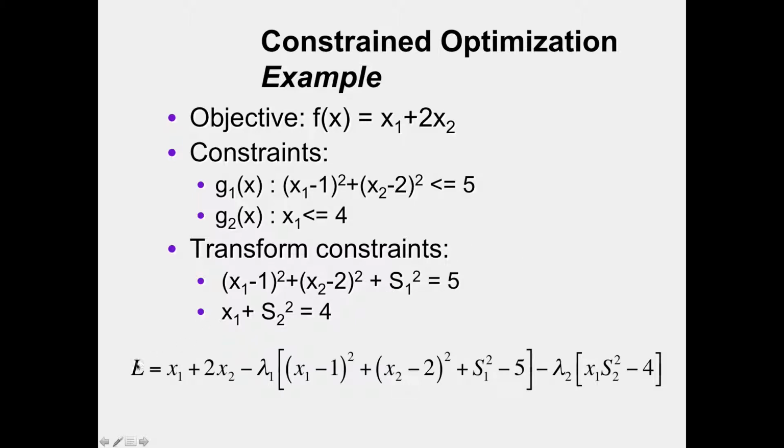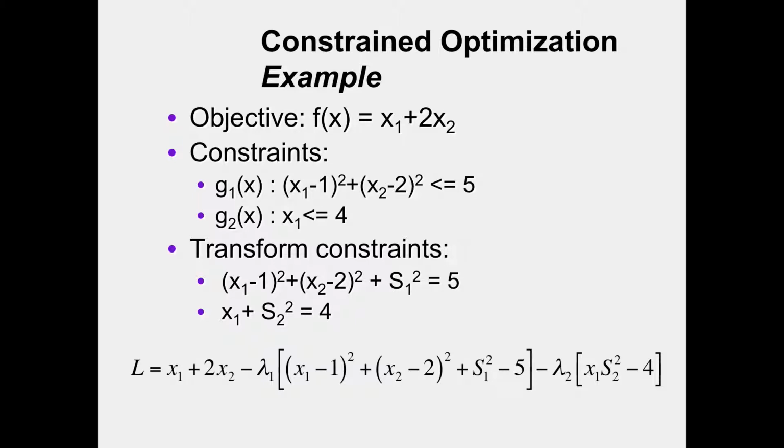And then here's my Lagrangian. It's a little longer this time, and I have 1, 2, 3, 4, 5, 6 unknowns. So I can take the first derivative with respect to each of those 6 unknowns. I'll have 6 equations, 6 unknowns. Theoretically, I should be able to solve that.